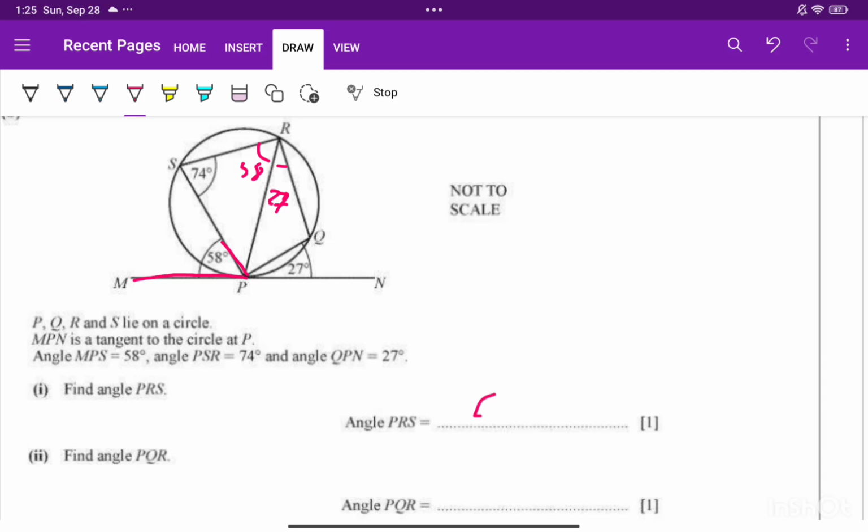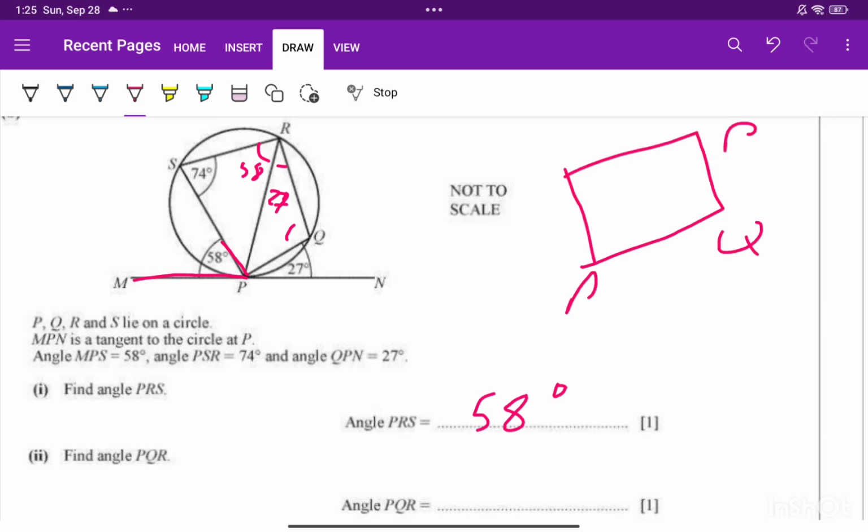So angle PRS, we need to find angle PRS. We already found it, which is 58 degree. Angle PQR, we need to find this angle. We know S, and PQRS is becoming a cyclic quadrilateral. This is not a rectangle, please ignore my drawing.